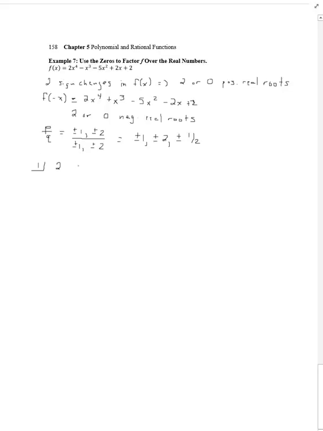So 2, 1, oops, negative 1, sorry. Negative 5, 2, and 2. So that gives us, when we do the 2.